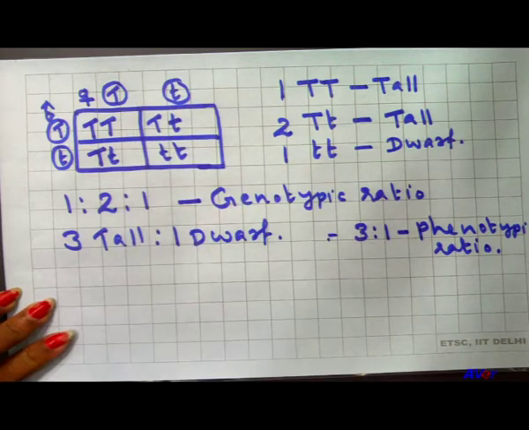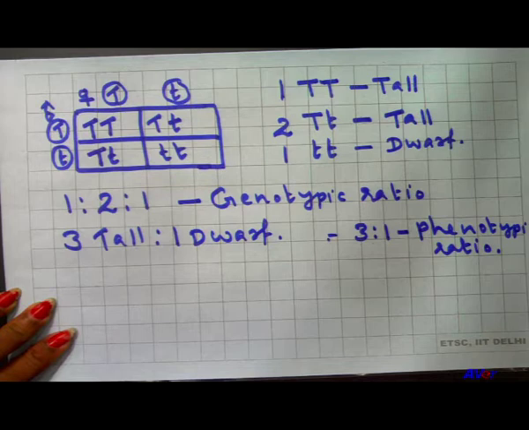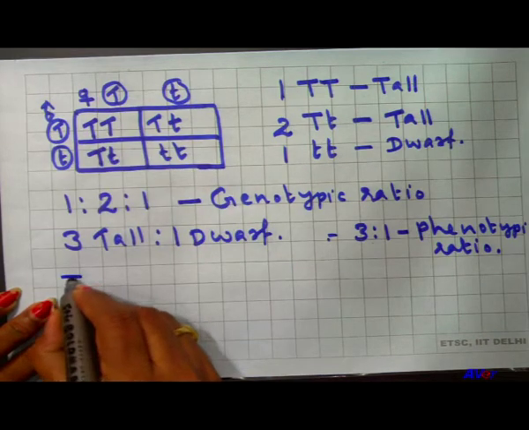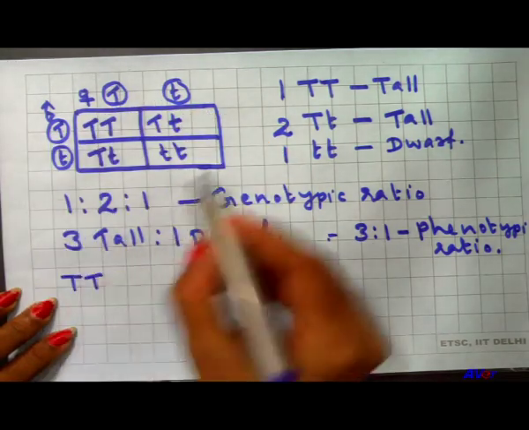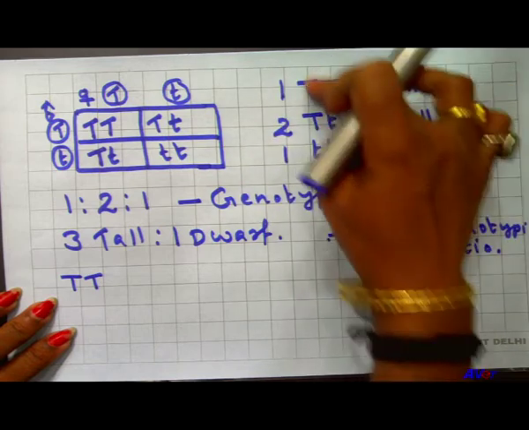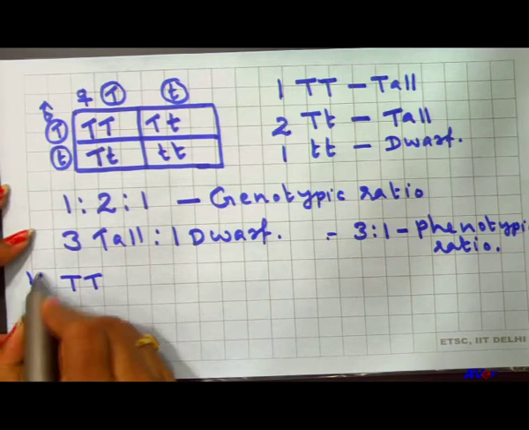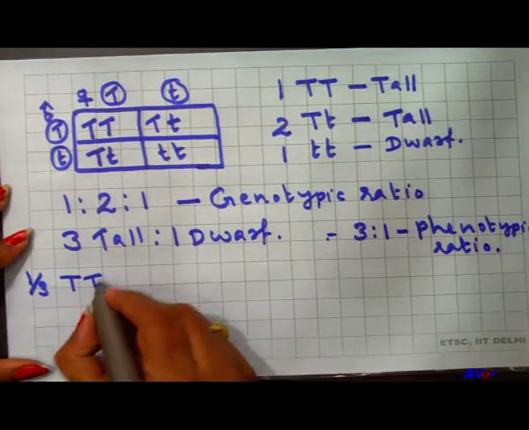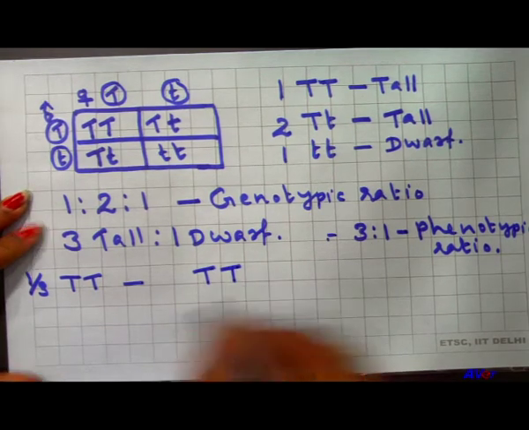So, Mendel produced the F3 generation by selfing these F2 progenies. So, we can see what will happen when we are selfing this capital T progeny here. That means 3 tall progenies are there, out of this 1 tall. That means 1/3 tall. It has the homozygous genotype. When we are selfing it, we are writing like this.